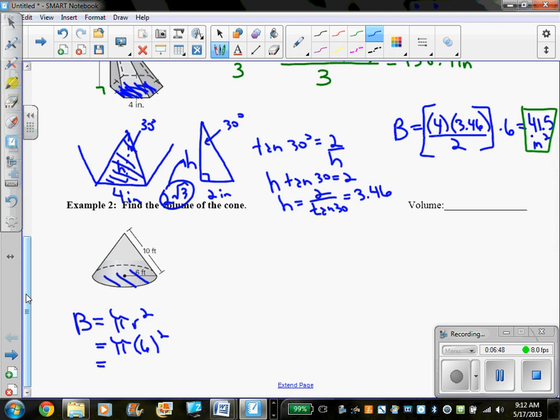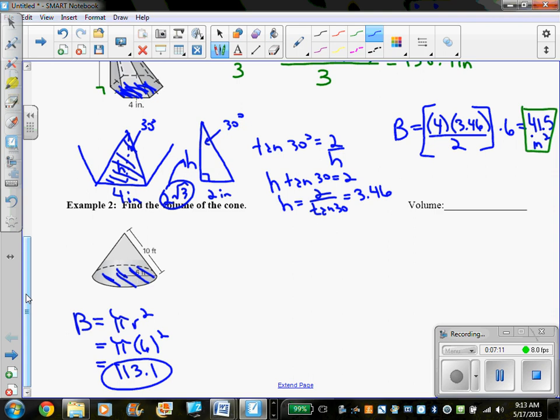I have to grab my calculator. Give me just 1 minute. 36 times pi. That is going to give me an area of 113.1. And that is the area of that base, which is a circle.